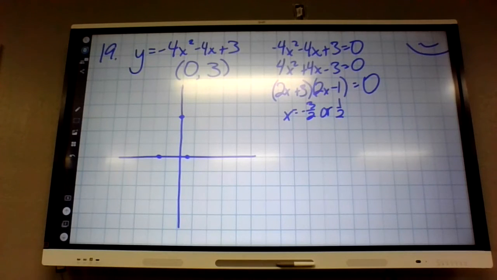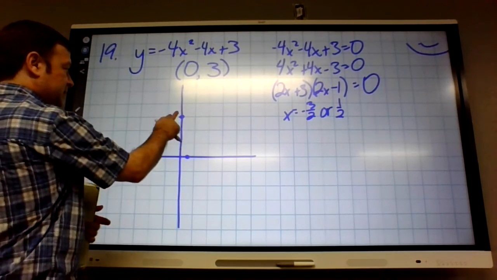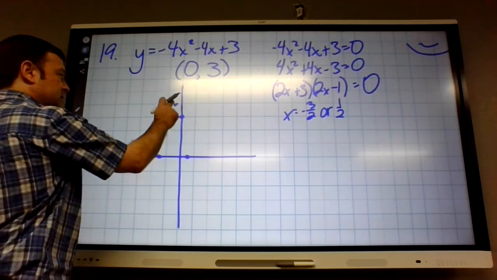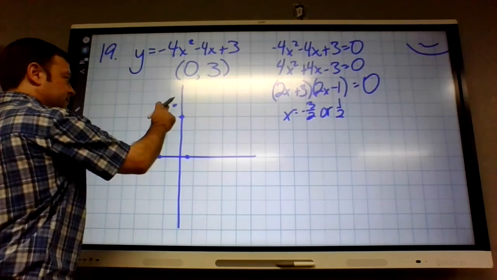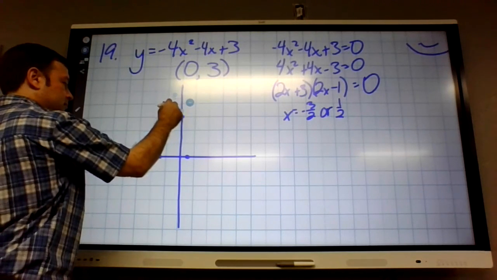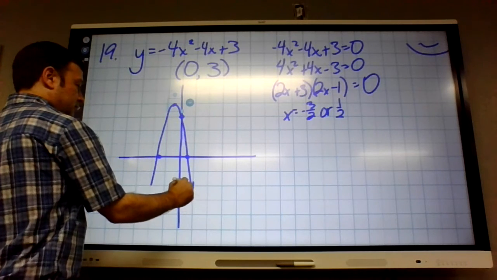Where must the vertex be to hit all 3 of these points? It's got to be right between these 2, and it's got to go through this, so it's probably like right there. Just a ballpark guess. Something like that.